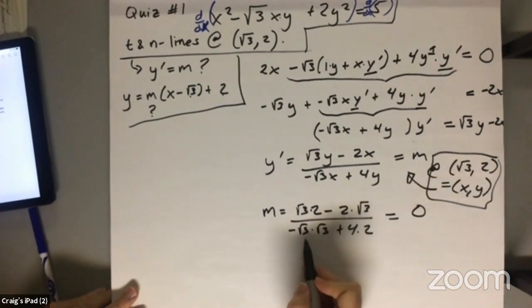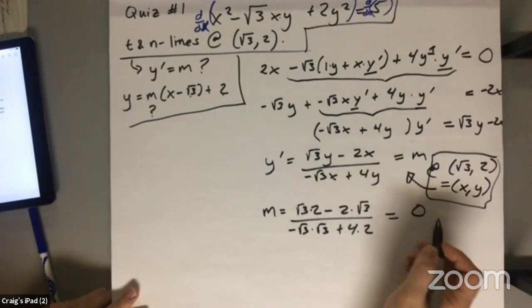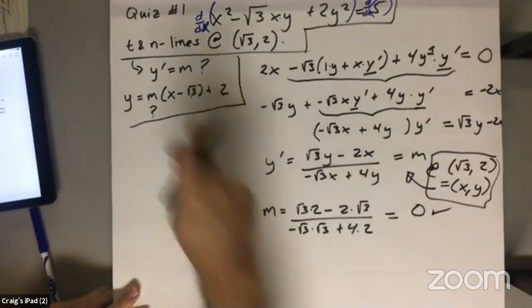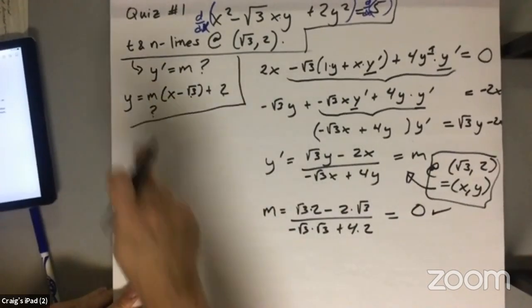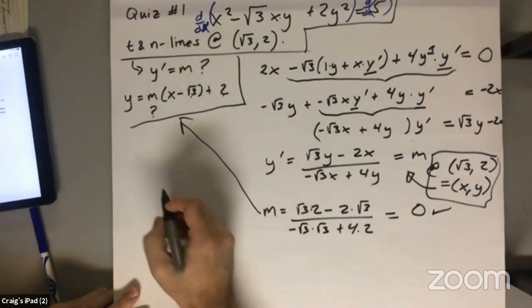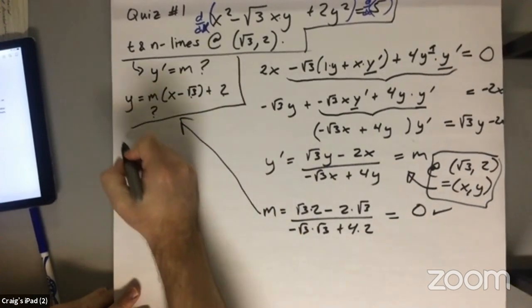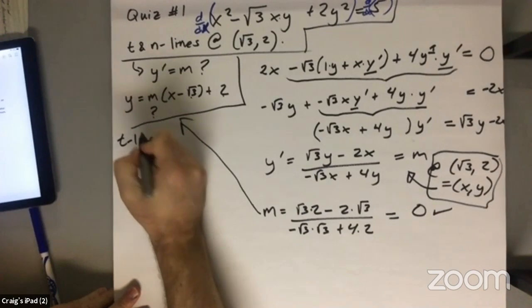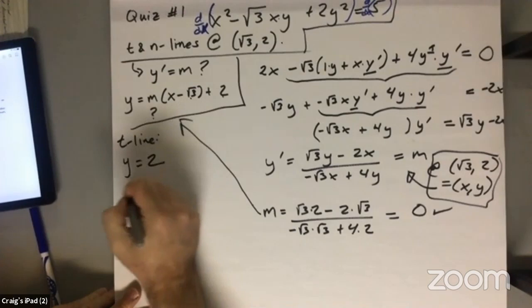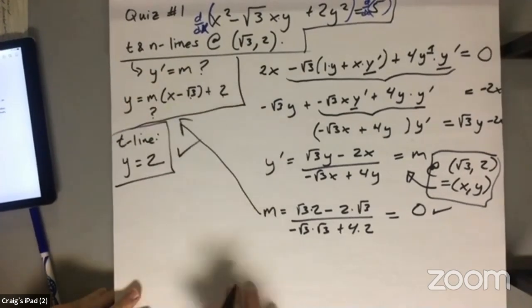And on the bottom, I have 8 minus 2 root 3. So it's 0 divided by a number is still 0. That's my slope. That's y prime equals m. So that's my equation. I have the equation of the tangent line is y equals 0 times all that plus 2. That's the answer for the first part.